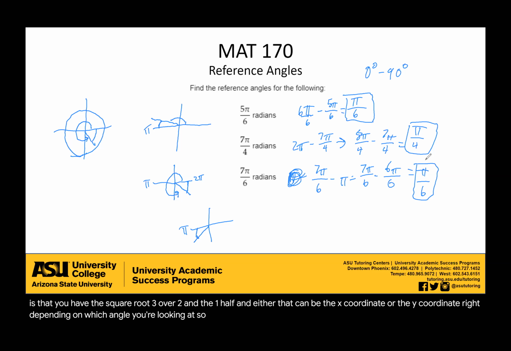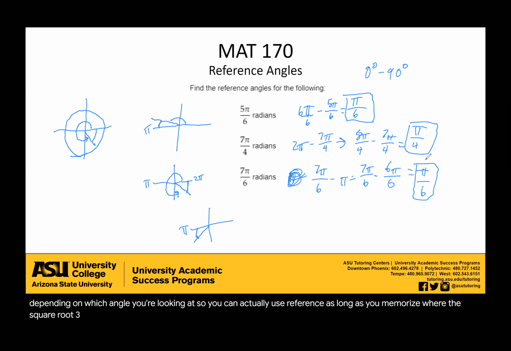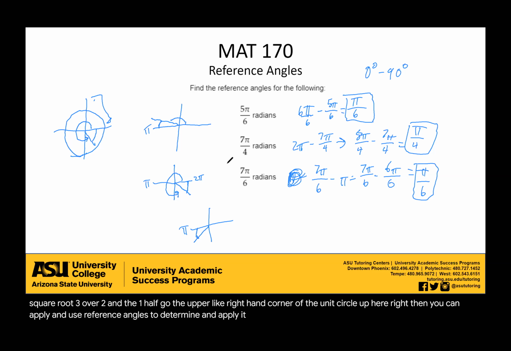So as long as you memorize where the square root 3 over 2 and the 1/2 go for the first quadrant, the upper right-hand corner of the unit circle up here, then you can use reference angles to work out all the other quadrants.